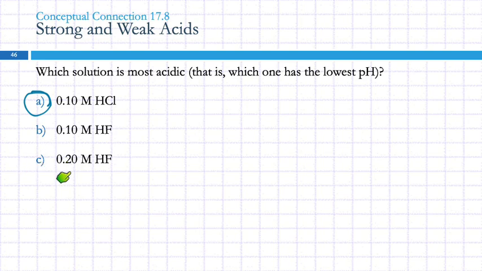Like, oh, there's more acid in there, it's going to be a lower pH, right? But HF is a weak acid, HCl is a strong acid. So the strong acid is going to ionize completely. The weak acid only ionizes a little bit. It's not even halfway. It's just a little bit. Any questions about that? Remember, there's 6 strong acids, and you need to memorize them.